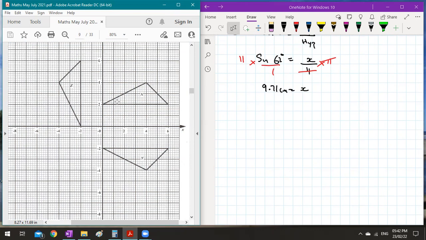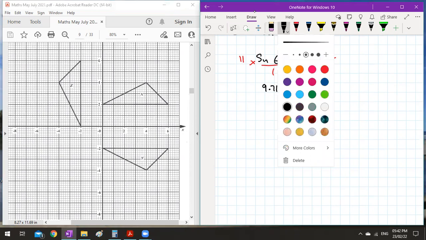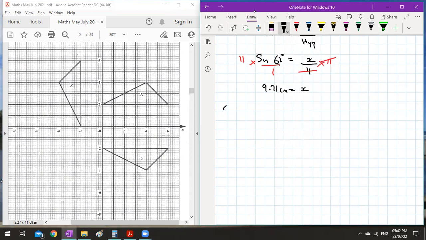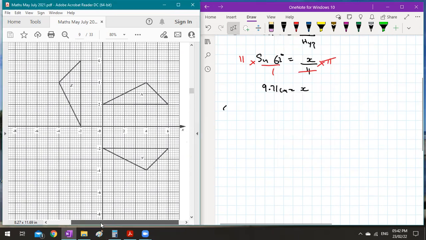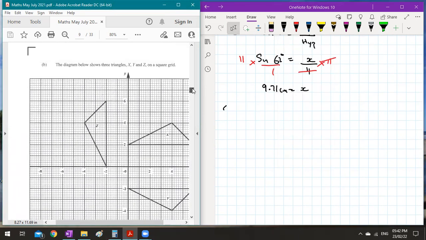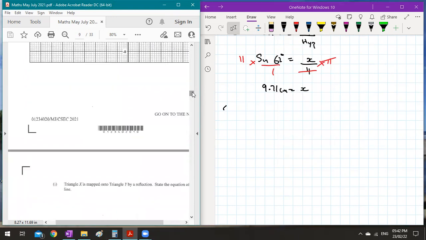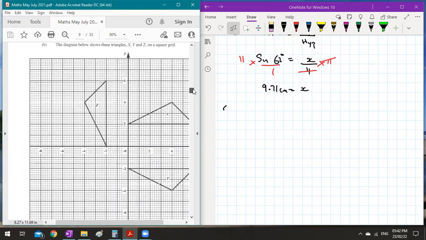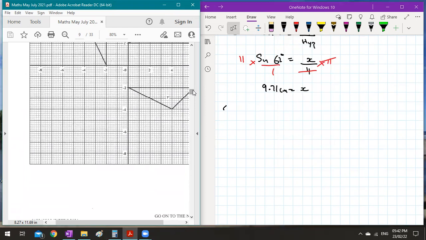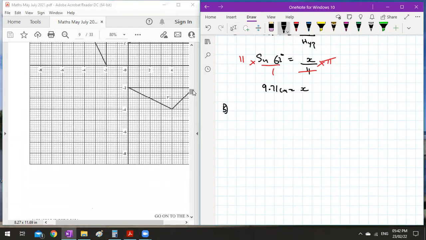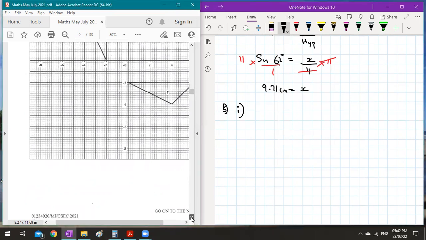Now, you can clearly see that it is an equal distance from the x-axis. That means the x-axis is a mirror line, right? Now, if the x-axis is a mirror line, what does that mean? That's a reflection. So the x-axis is a mirror line.